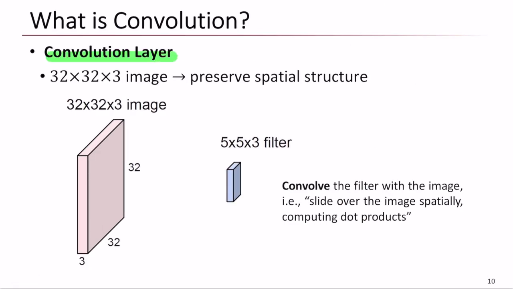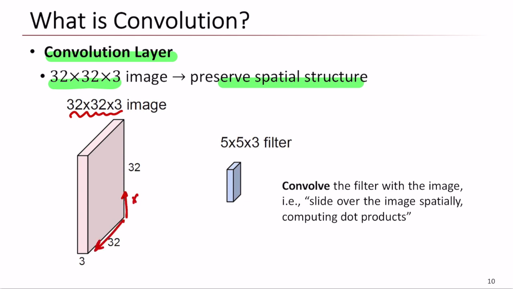That's the starting point of the convolution layer. The idea is very simple. If you want to consider the image, let's say a 32 by 32 by 3 image, we want to preserve the spatial structure, right? Then your operator also has some dimensionality. If you consider the image, you have three axes, right?